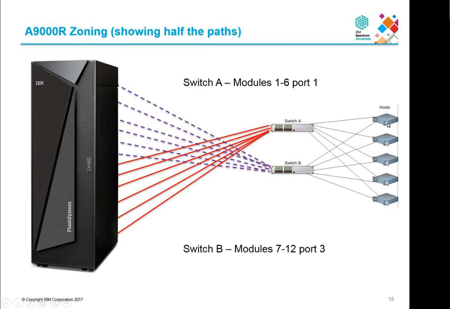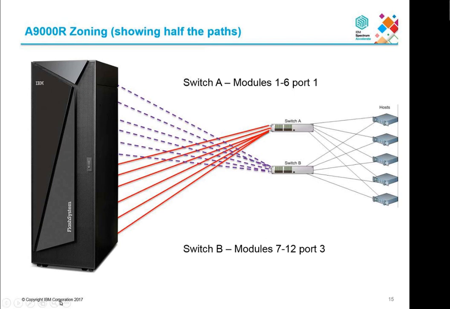So the host is going to see through switch A ports 1 through 6 on port 1, and then on switch B, it'll see modules 7 through 12 on port 3. Again, I'm assuming with these pictures that the A fabric is all hooked to port 1, and the B fabric is all hooked to port 3, and then by utilizing zoning on these, I'm minimizing the number of paths that each host sees down to 12. Again, that's a full-up box.